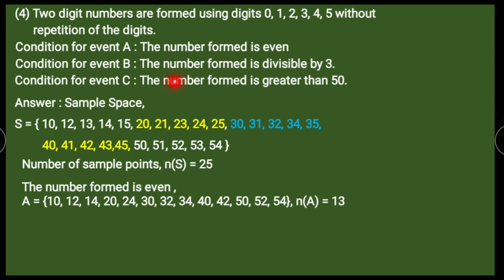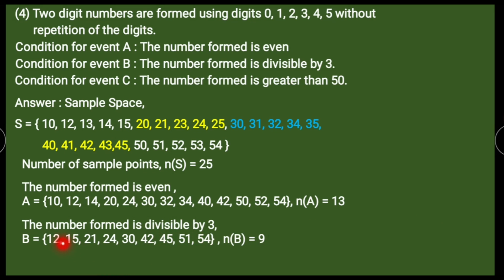Then the second event is the number formed is divisible by 3. So we require the numbers which are divisible by 3 from the sample points, in event B. So we write here the numbers divisible by 3. 12 is divisible by 3, then 15, 21, 24, 30, 42, 45, 51, and then last this 54 is divisible by 3.